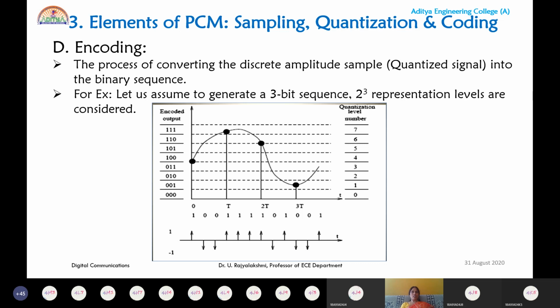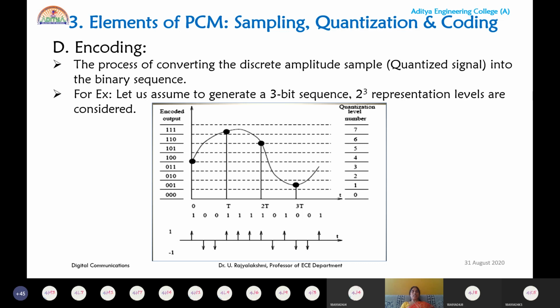If you observe this graph, the quantization levels are represented on the right side. How many quantization levels are there? 0, 1, 2, 3, 4, 5, 6, 7. A total of 8 quantization levels.